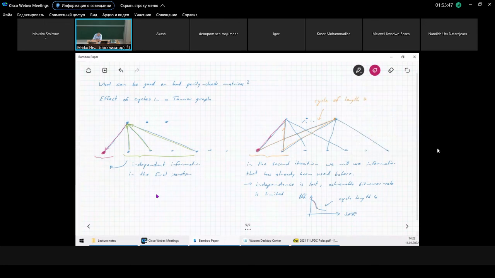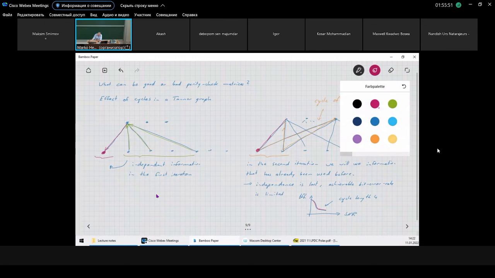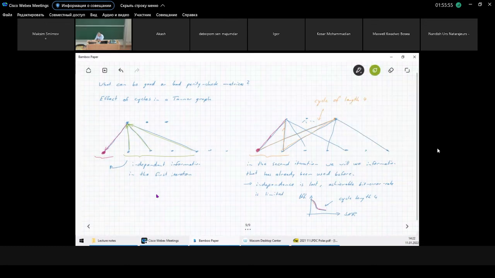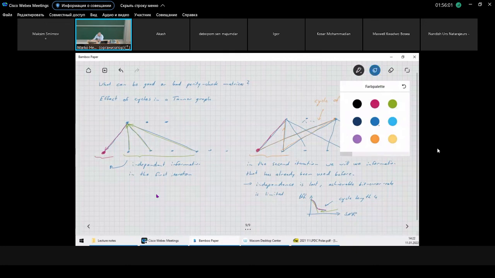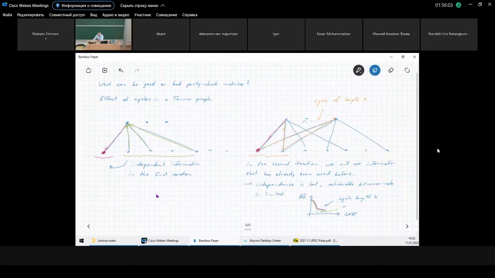Yeah, it's not so good a case. This would be the case with a loop or cycle. If we don't have a cycle, the bit error rate will go straight down, better and better.